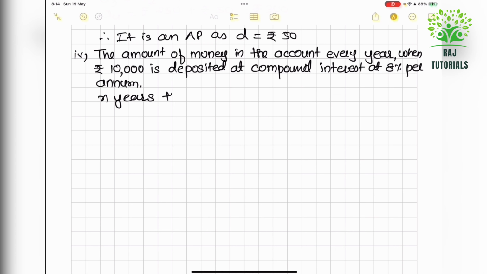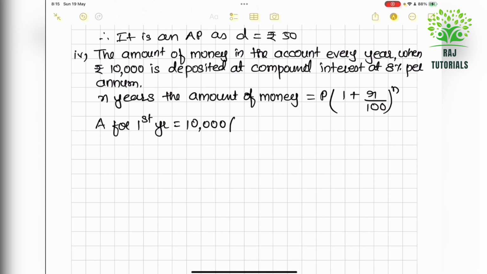Now, see, amount for first year will be 10,000 into 1 plus 8 upon 100. So that will come to 10,800. Now, amount for second year. Now, the amount for the first year will be principal for the second year.